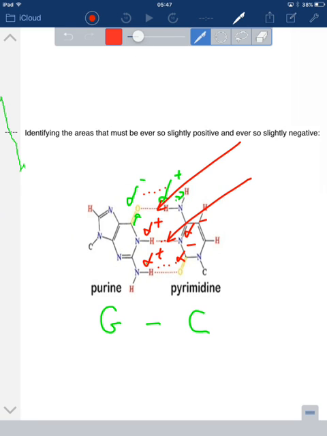And so, in just the same way as water, we have a differentiation of charge, slightly positive, slightly negative, which creates an attraction, and that attraction is enough to hold the DNA strands together.